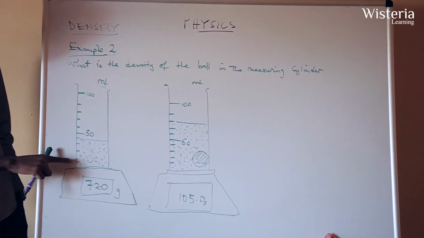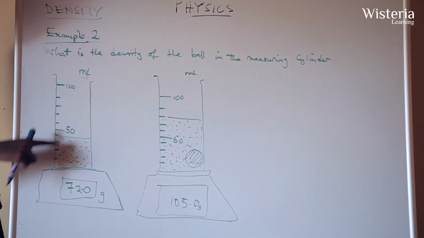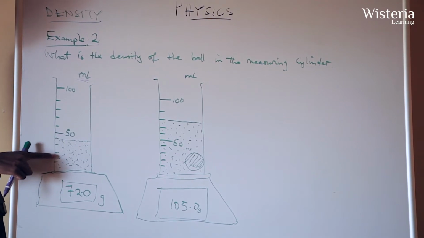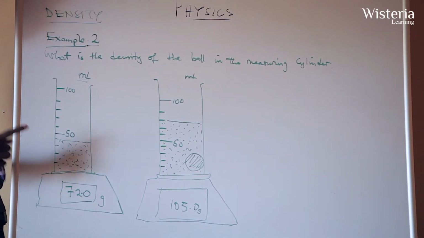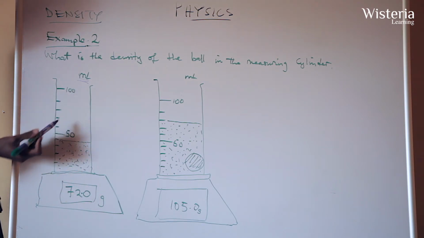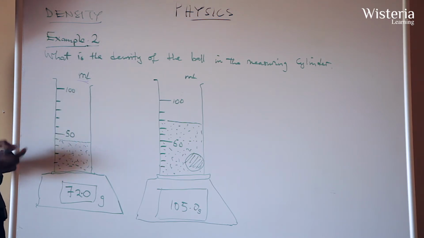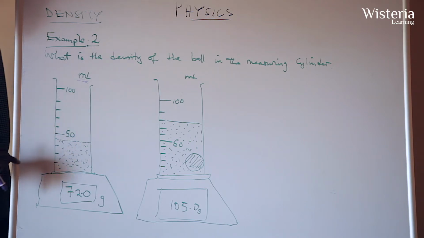So we have 50 milliliters and 100 milliliters. In order to determine one graduation, if this is 50 and this is 100, then it will be 60, 70, 80, 90, then 100. Therefore, one graduation is 10 milliliters.